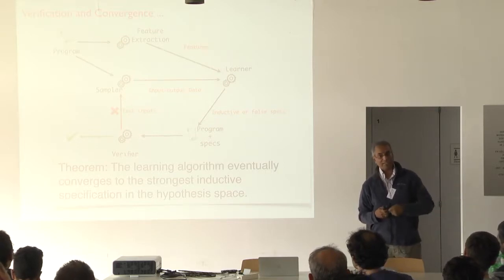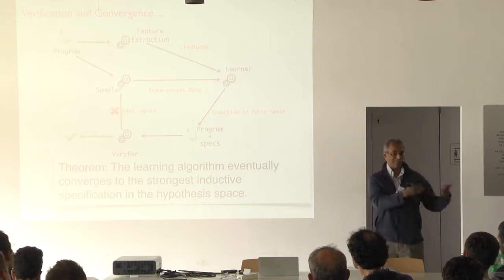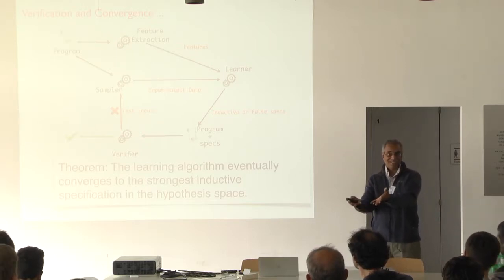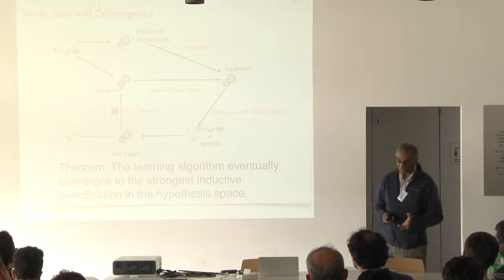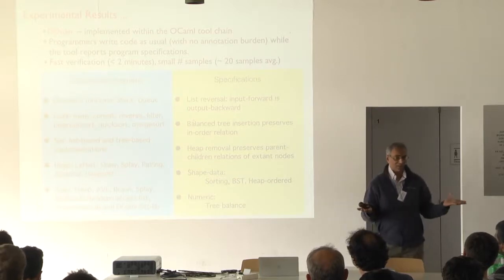So this is progressive and convergent. The only thing that blocks convergence is if the feature space that we have is irrelevant or impoverished with respect to the programs that we're operating on. But experimentally, interestingly enough, it seems to work extraordinarily well in practice.